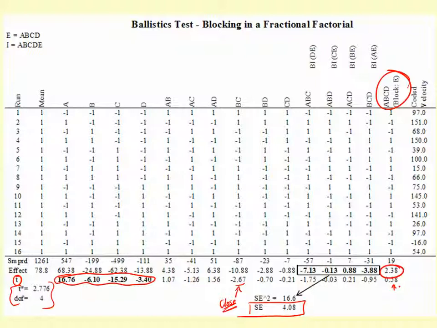So as I mentioned before, some people, when they see an insignificant block effect, would then say, okay, I'm going to take that and throw it into the noise, and then I'm going to have 5 degrees of freedom and square that guy and add it up and update my estimation of SE. I'll get a smaller t-value because I have more degrees of freedom. This is common practice. I don't insist on it because it usually doesn't change things a whole lot. So if we did that, what's going to happen to SE, do you think? Is it going to go up or down?